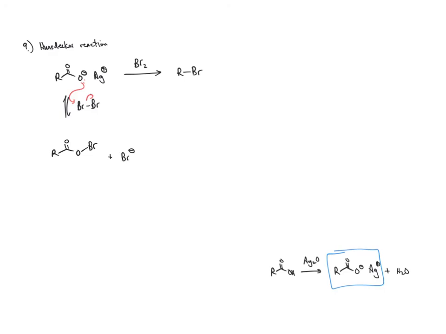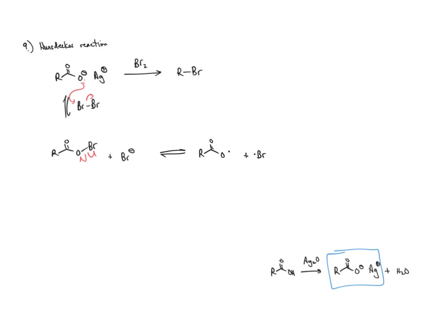Now at this stage of the reaction, the oxygen-bromine bond is fairly labile homolytically. And so you will generate two radicals. Your first radical is going to be your carboxy radical. Your second radical is going to be your bromine radical.